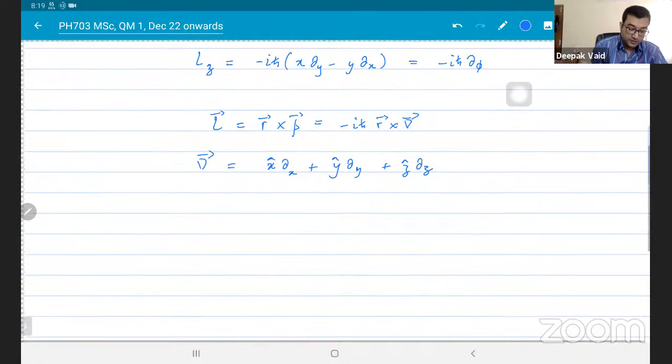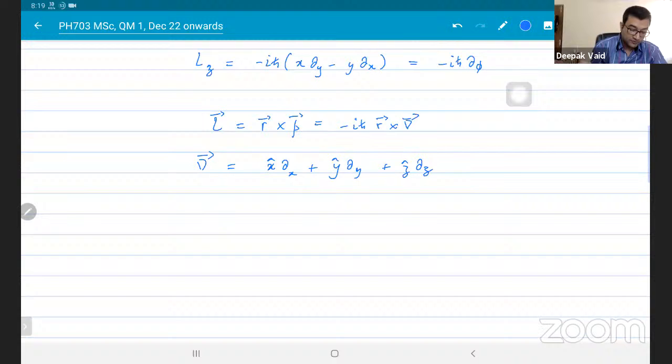Right? So you can translate this into spherical coordinates, again using the relationships: x is equal to r sin θ cos φ, y is equal to r sin θ sin φ, and z is equal to r cos θ.